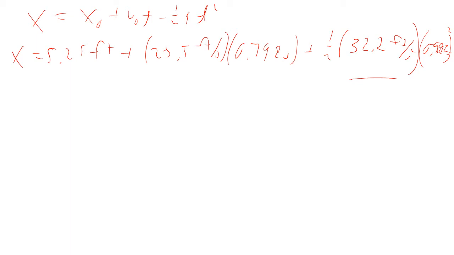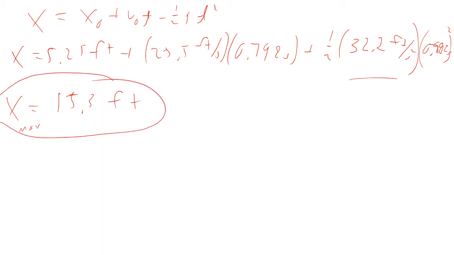So if the units don't work out, you know the problem's not going to work. Okay, so that's an important point here, and so you need to be aware of that. All right, so the answer here for the maximum value is going to be equal to 15.3 feet.